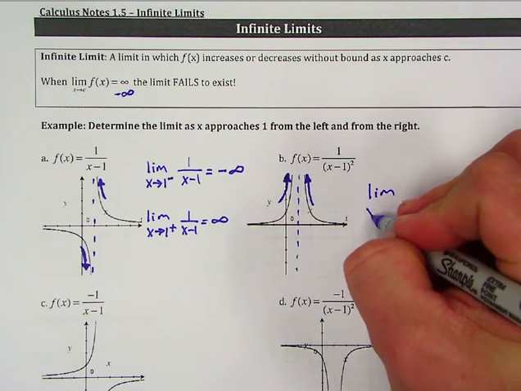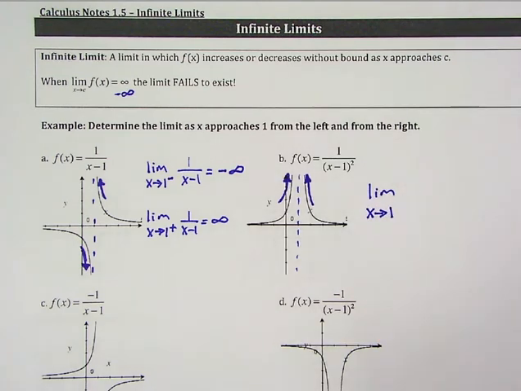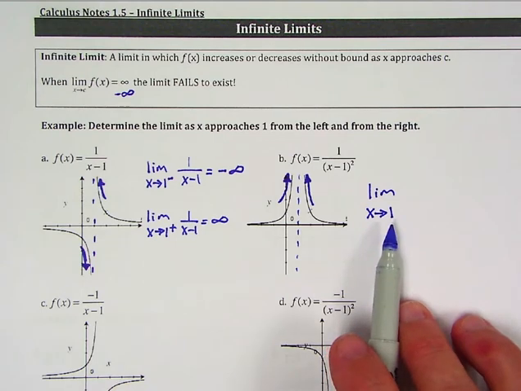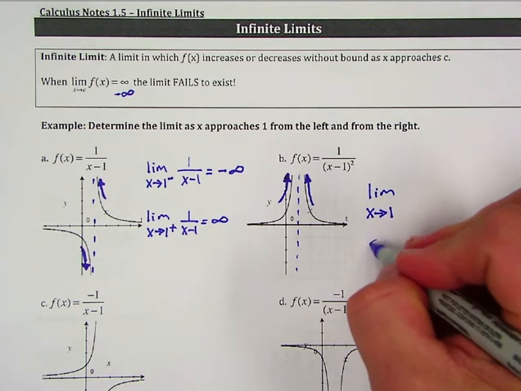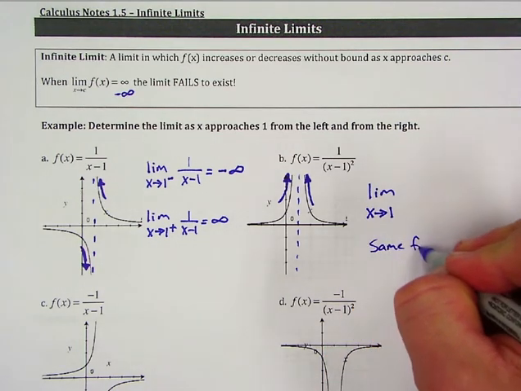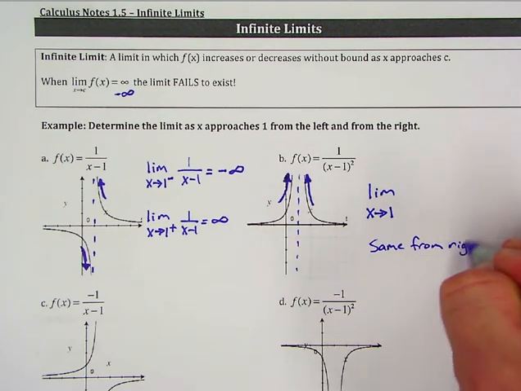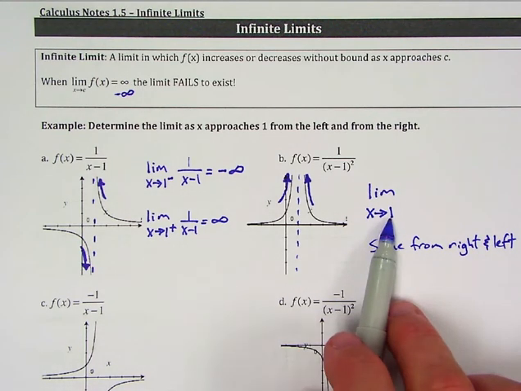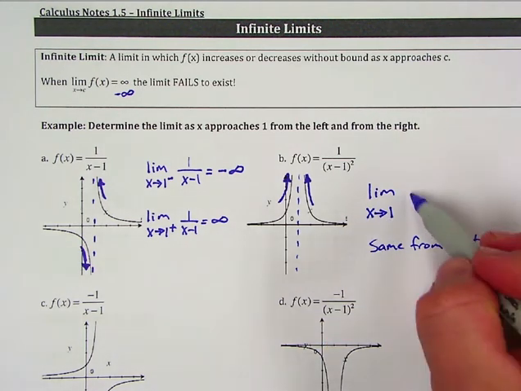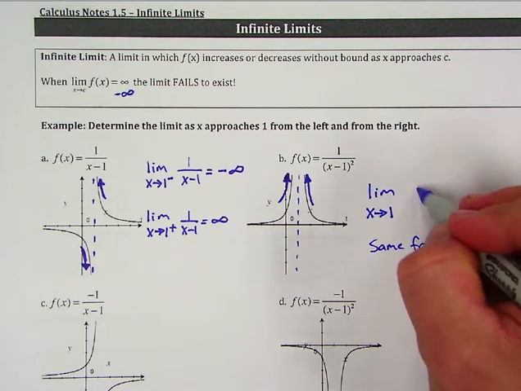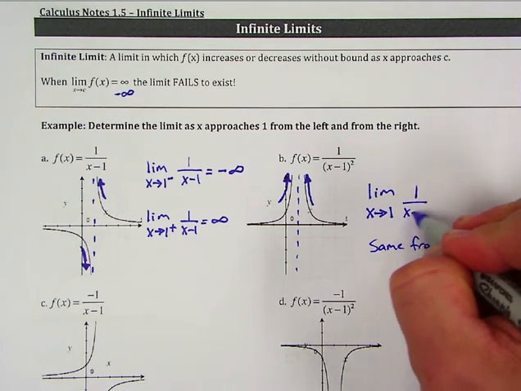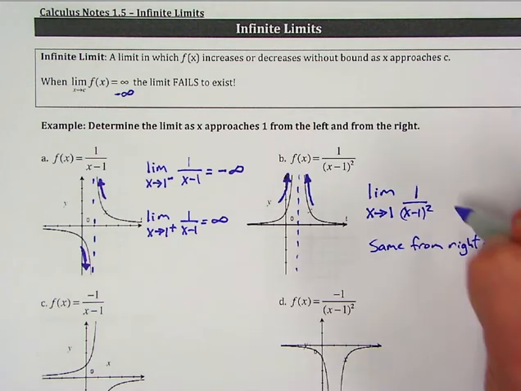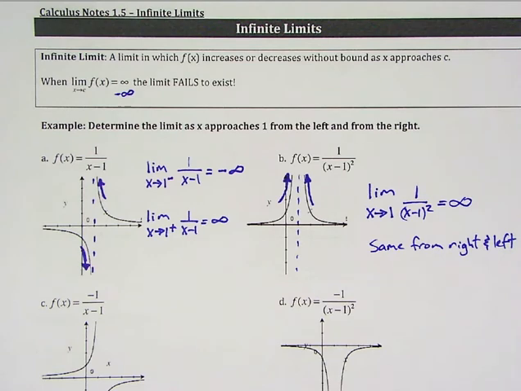The limit as x approaches 1, this means from the right and from the left. So you might want to make note of that. When it's the same from the right and the left, just write the limit as x approaches 1 of our function 1 over x minus 1 squared equals infinity.